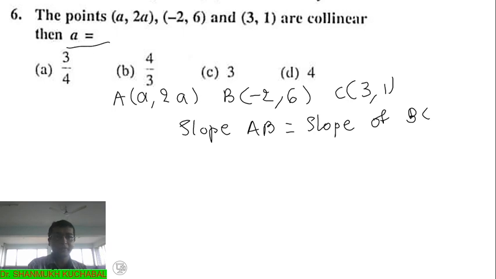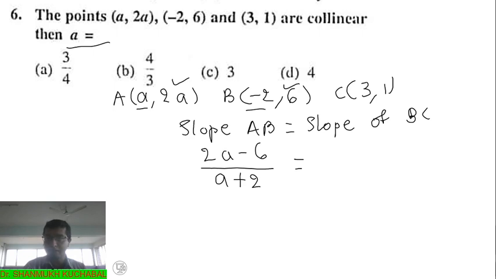Using that, we will calculate the value of a. Slope of AB is y coordinate minus y coordinate, 2a minus 6, over x coordinate minus x coordinate, a minus (-2), plus 2.